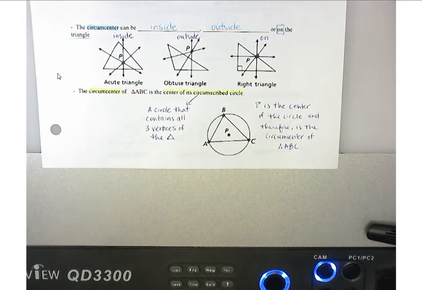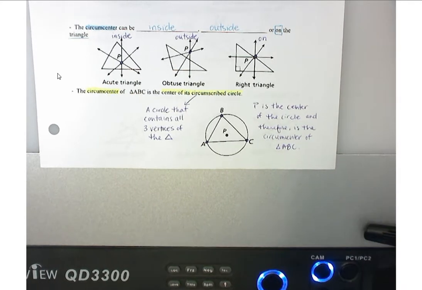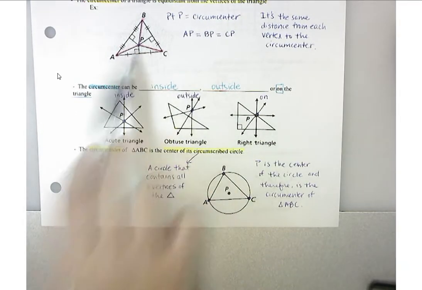So this is just another way to show you what the circumcenter is. If you look at some of our pictures above, you could see that we had to have all those marks. We had to have the perpendicular bisectors.